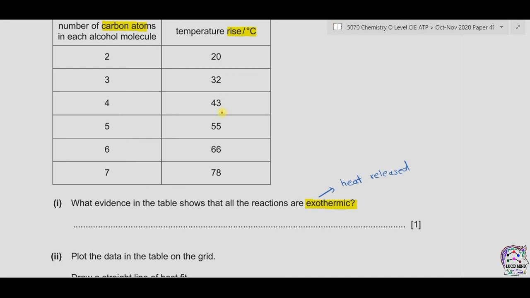So it means that all the chemical reactions are exothermic in nature. So we can write temperature rise is positive.